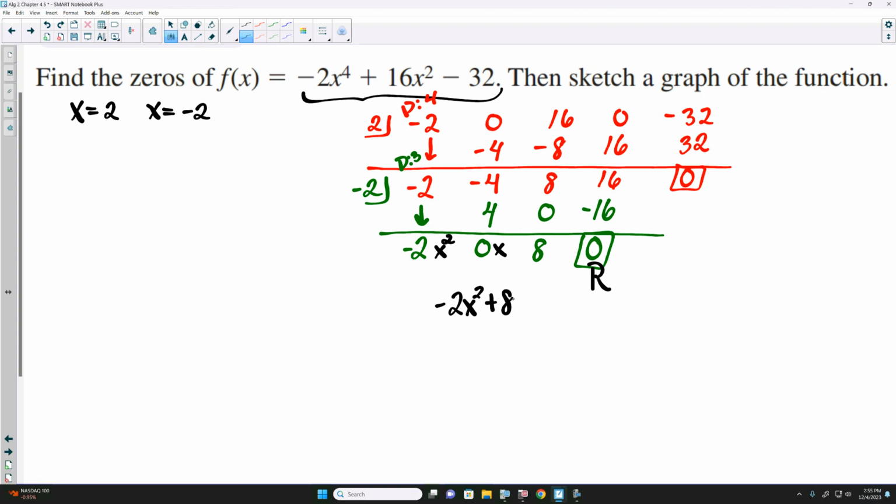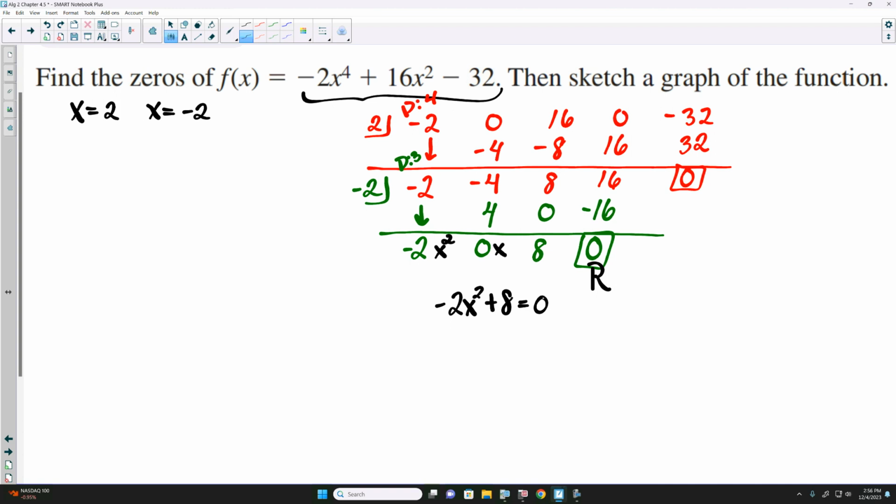So after applying 2 and negative 2, we took it from a degree 4 to a degree 3, from 3 to 2. So now we have a quadratic. And we know how to solve quadratics. That's what the entire last chapter that we went over was.